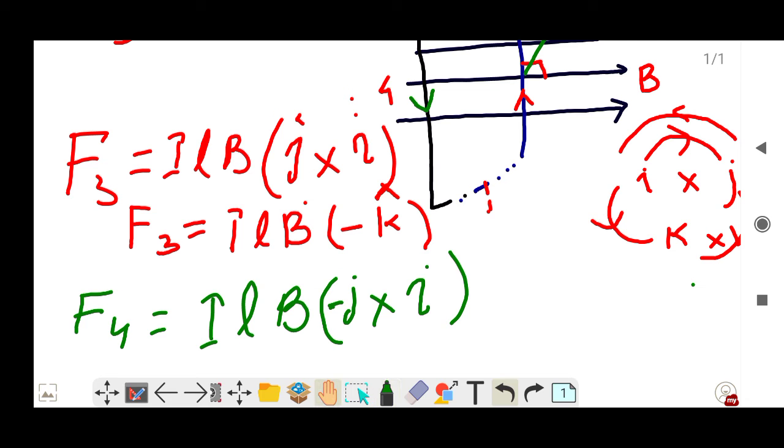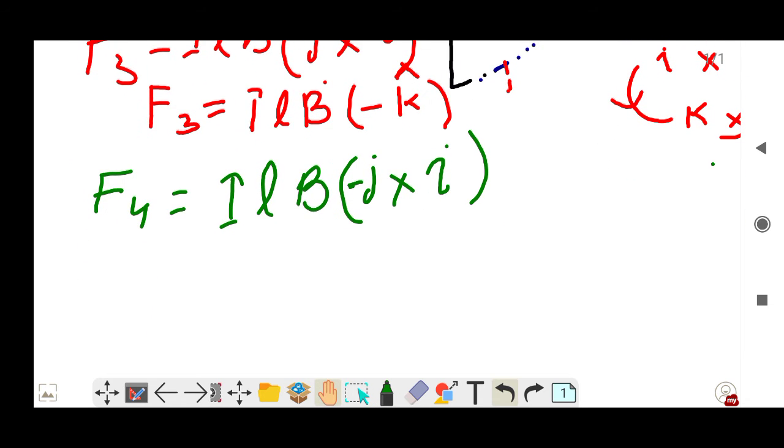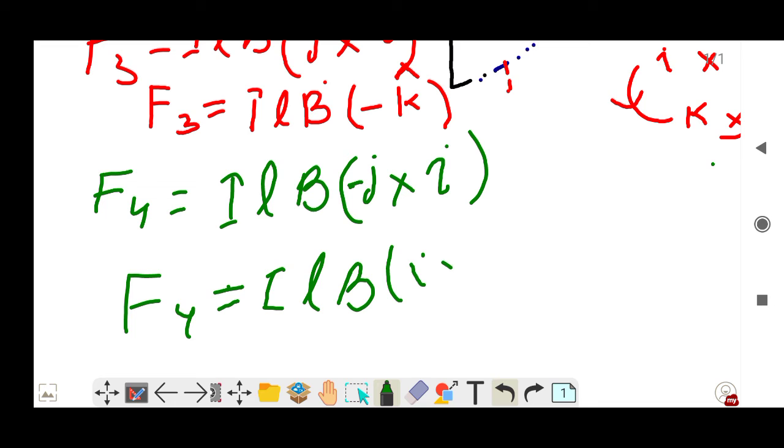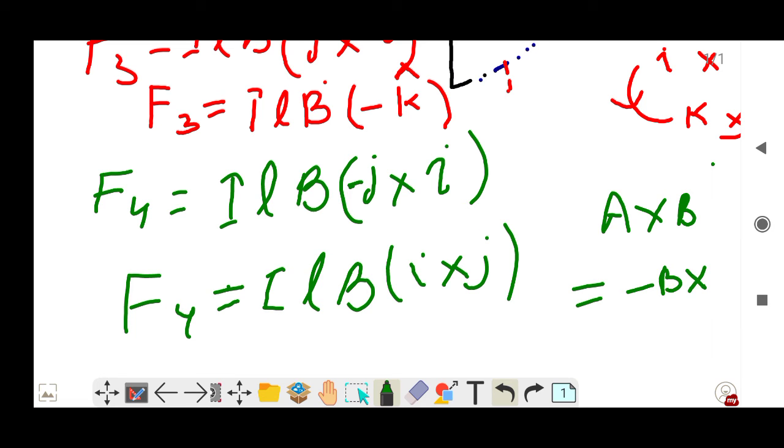And if you find out finally what happens to the force as per this rule, you'll get F4 is equal to I, L, B, and then you can also write it as I cross J, because if you have A cross B, you can write that as minus B cross A also.